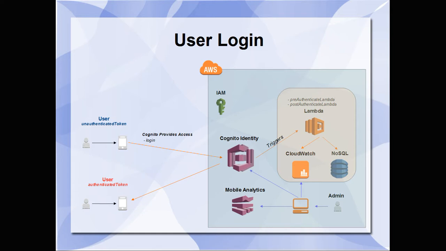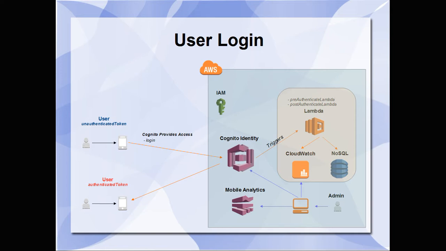Once again, once the user authenticates, the user winds up with an authenticated token, and the user is now using the mobile hub application as an authenticated user. The administrator can log in and see, oh, we have a logged in user in Cognito Identity. They could look at the mobile analytics console and say, oh, wow, I have 10,000 users logged in now, and I've got 30,000 anonymous users who aren't logged in.